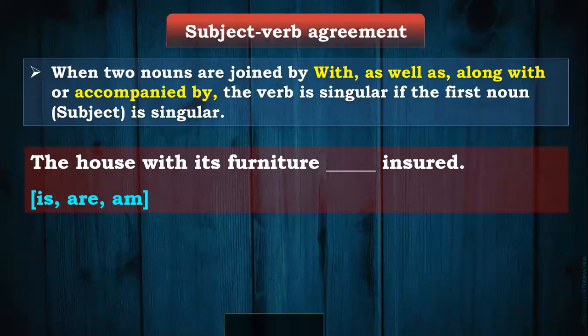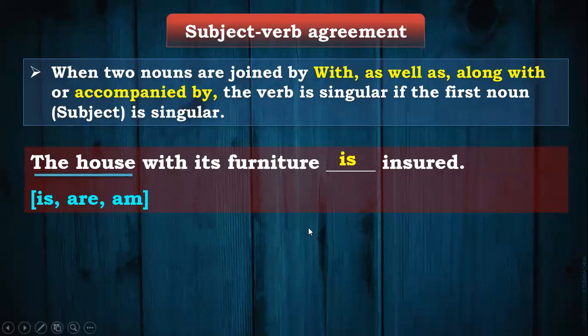Now, in this case, it is. If I reframe this sentence only for your understanding, I can say the house is insured with its furniture. So with its furniture is a phrase. You can use it anywhere. Isn't it easy to deal with this now?